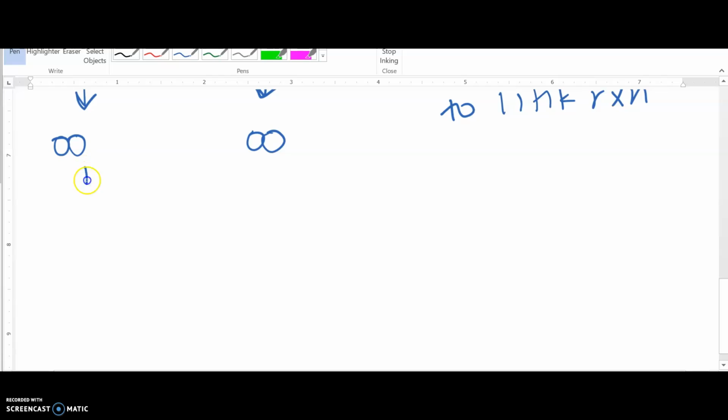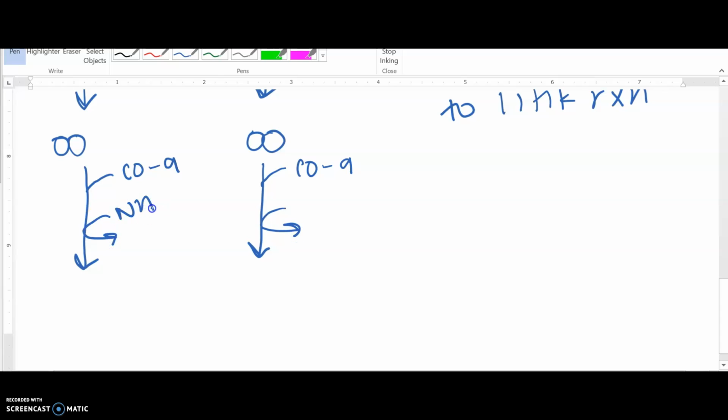And now the next thing that's going to happen is this 2 carbon molecule is going to join with coenzyme A. Also, NAD plus is going to get reduced again. When NAD plus gets reduced, I produce NADH.